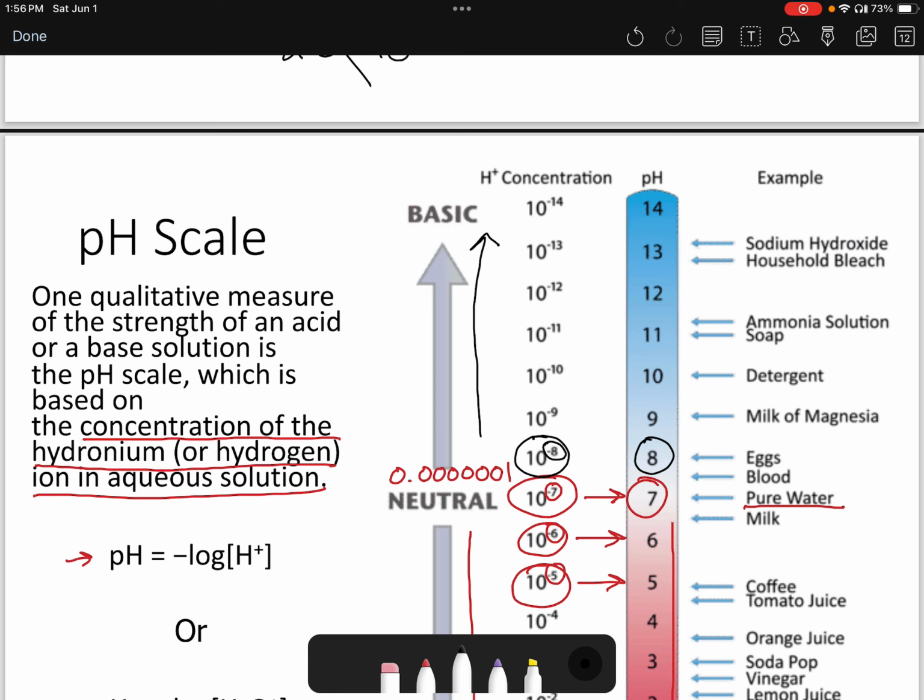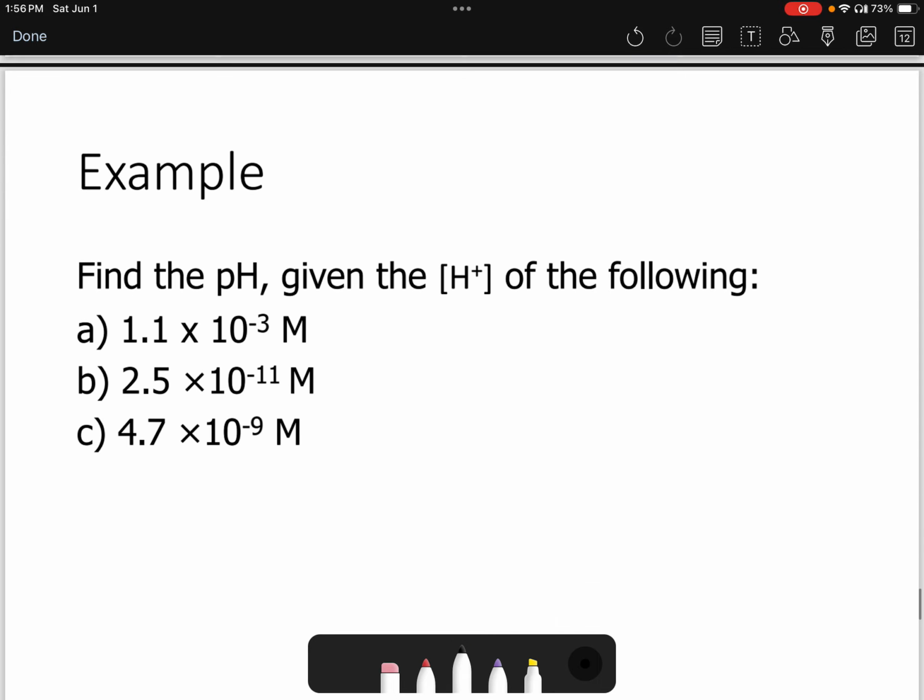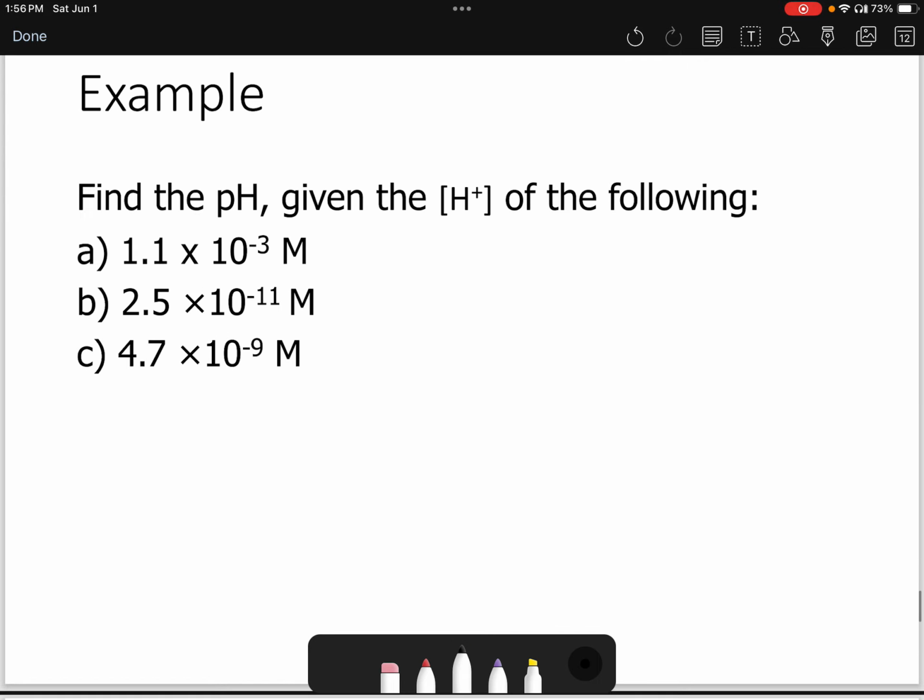So let's practice calculating the pH of different solutions. Find the pH given the concentration of hydrogen ions of the following. So A, we have 1.1 times 10 to the negative 3 moles per liter. B, we have 2.5 times 10 to the negative 11th.